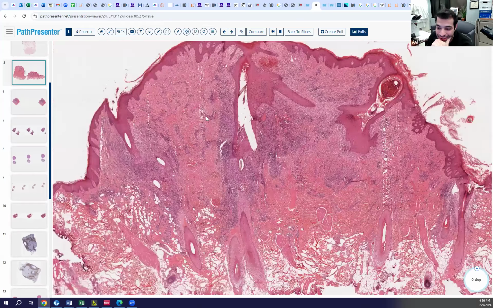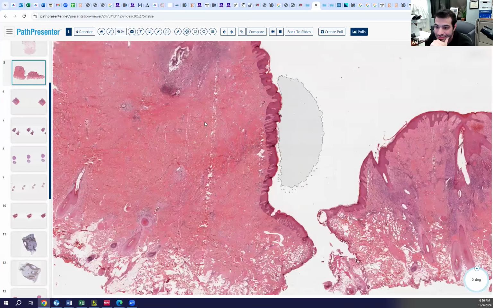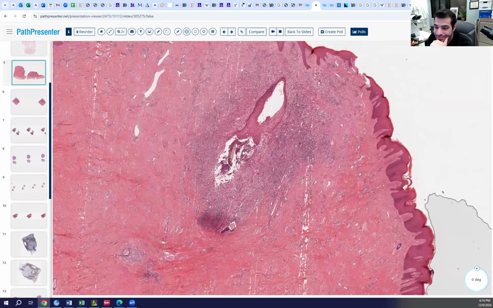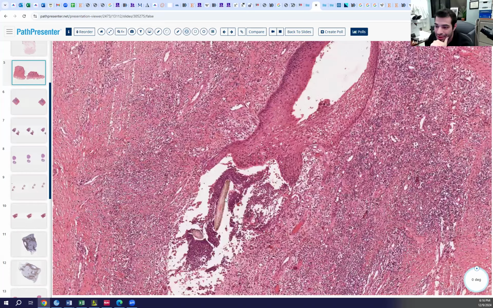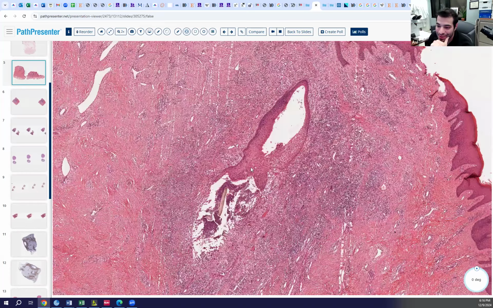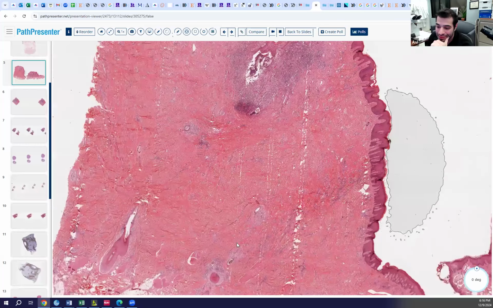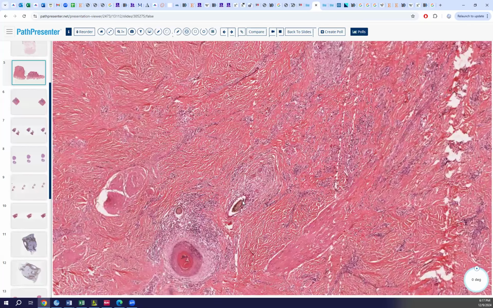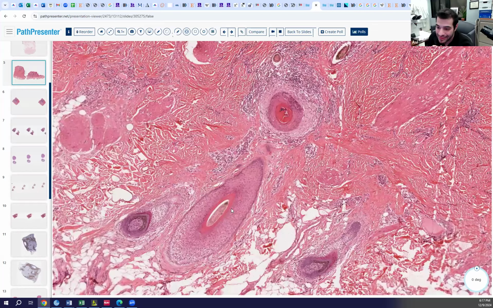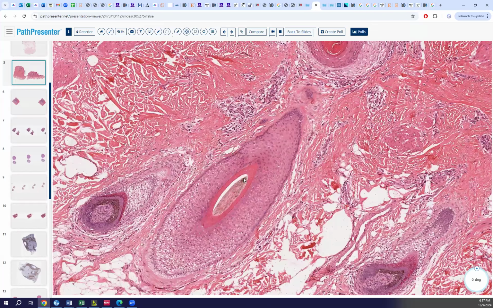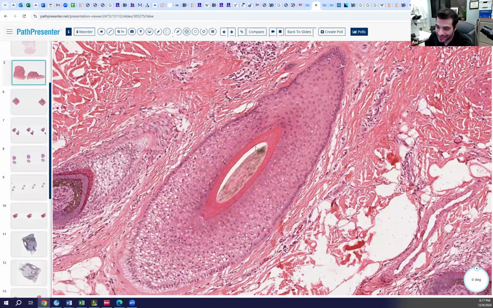But what's wrong with these hair shafts? Inflamed, fibrotic. Well, where are the hair shafts supposed to be, and where are they? Here, look, you see this one? See this hair follicle?